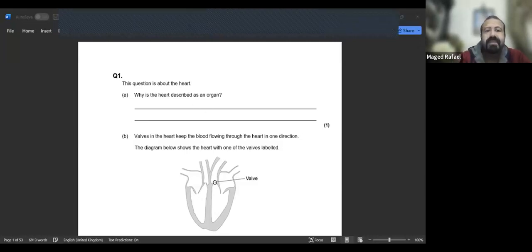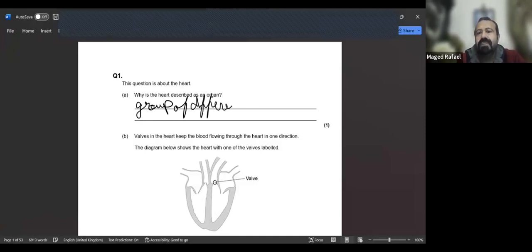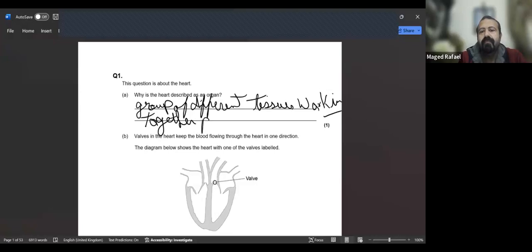Group, because the heart consists of a group of different tissues working together, performing a certain function.